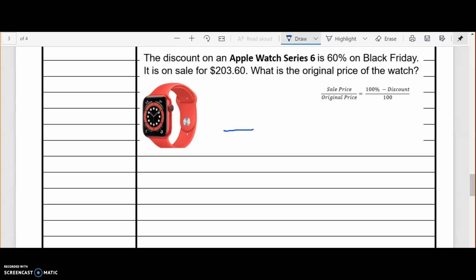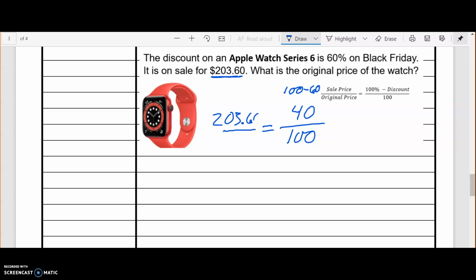So, line equals line 100. So 100 minus 60, that gives me 40. This right here, that's the sale price, so that goes on top. So 203.60. So we're looking for the original price.